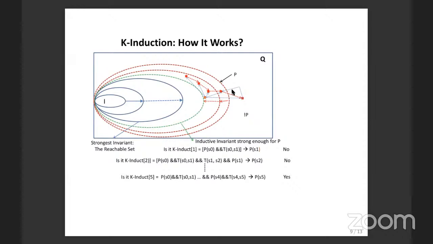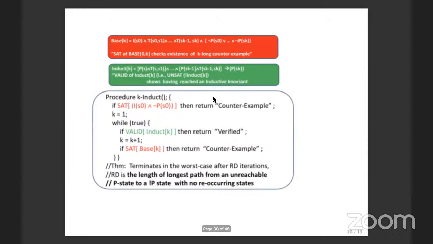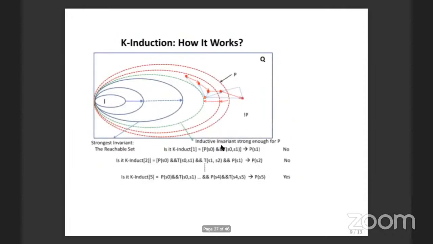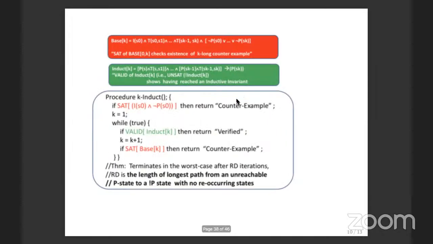So when all of those things fold back, in that sense it is actually the reachable diameter also, from a P to a not P state.